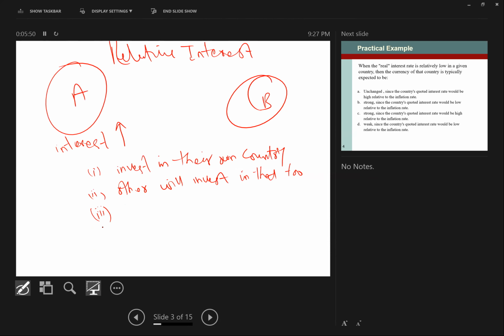Which currency's exchange rate is lower? B. Very nice.